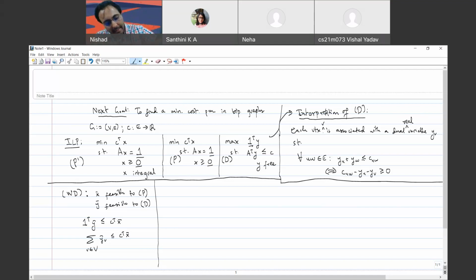So in particular, if M is a perfect matching of the graph G, and if Y bar is feasible, let me just abbreviate it to DFS. If Y bar is my dual feasible solution, then what weak duality is saying is that the sum of the labels is always going to be a lower bound on the cost of the matching, of the perfect matching.